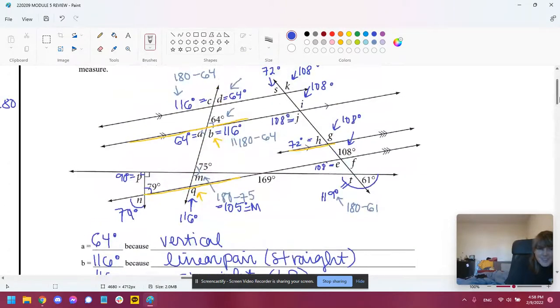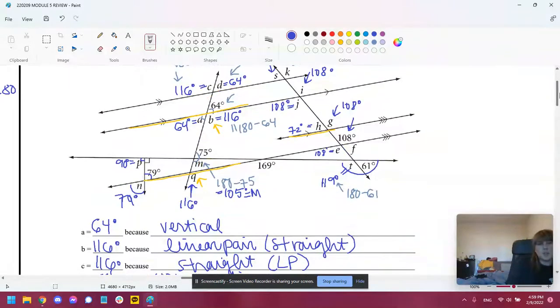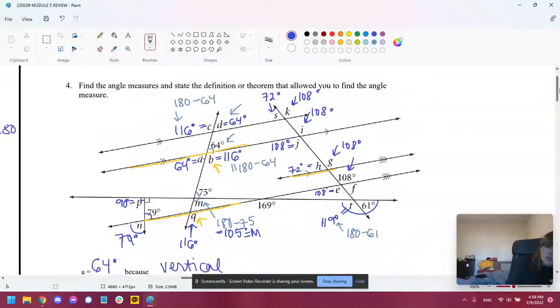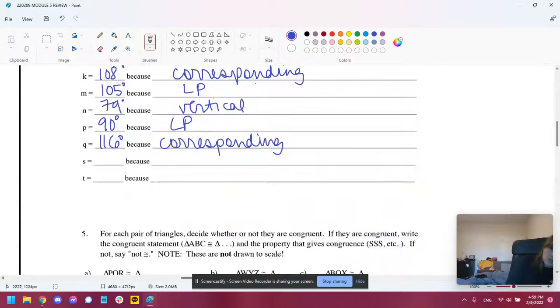P. P was right next to 90, so linear pair with 90. Q was corresponding with B. We said that Q and B were the same thing. Those are the yellow arrows. And then S and T. S is right next to K, and T is right next to 61. So they're both right next to something, and then X and K. So this is 72. All right.